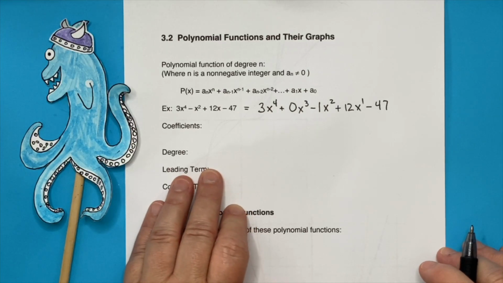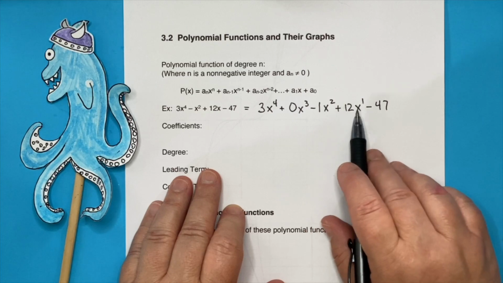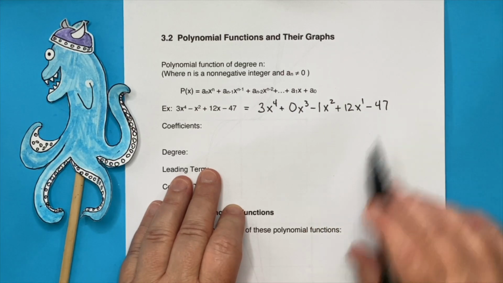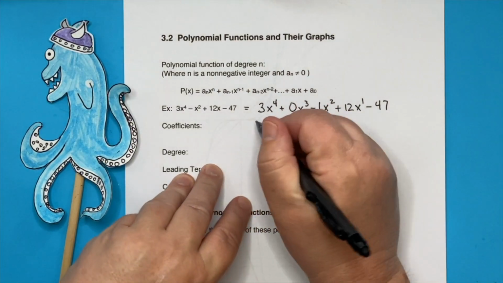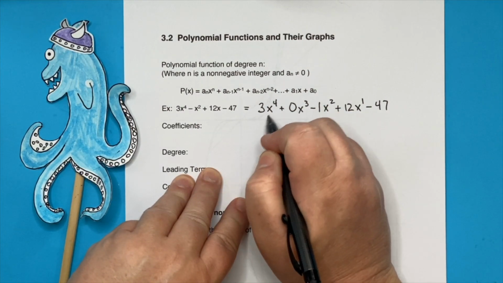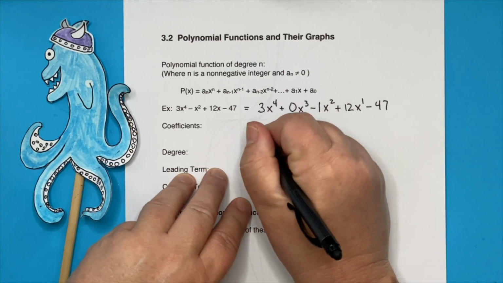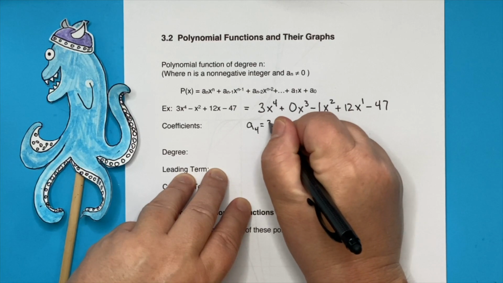And when you write it out that way, in descending order, I've got x to the fourth, x to the third, x squared, x to the first, and then our constant term. It's a lot easier to see, oh, wait, the coefficients, those are the numbers in front of the x's. For example, a sub 4 is 3.